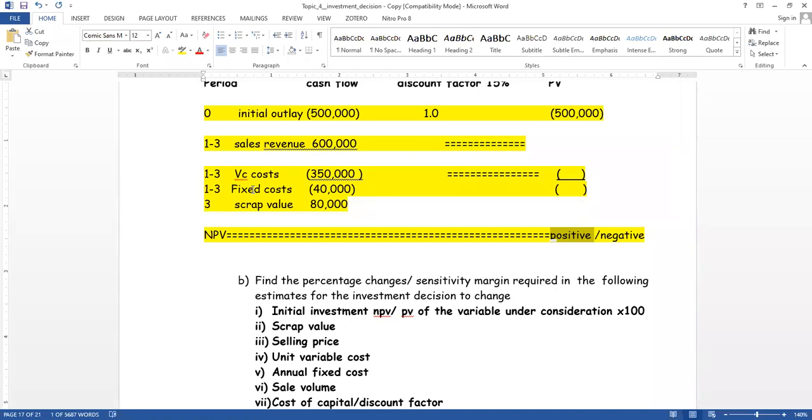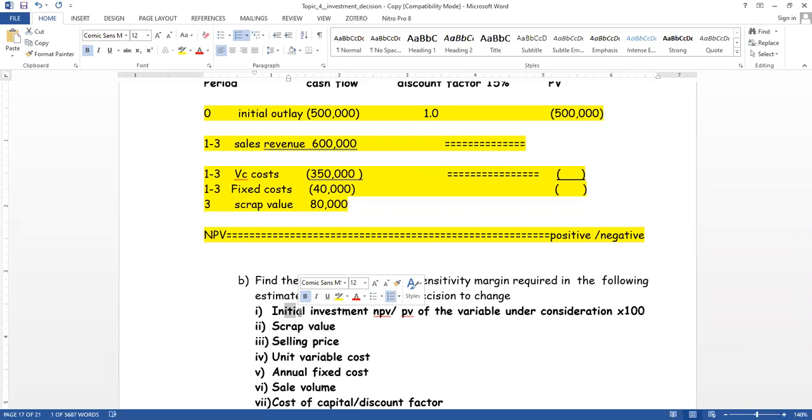And when I come to initial investment, remember, it is an outflow. Money is going out. So if you compute the sensitivity, when you come to conclude, you are looking at if that initial investment increases further, then it is going to change your decision.